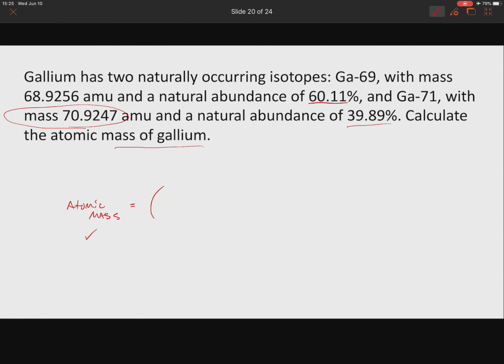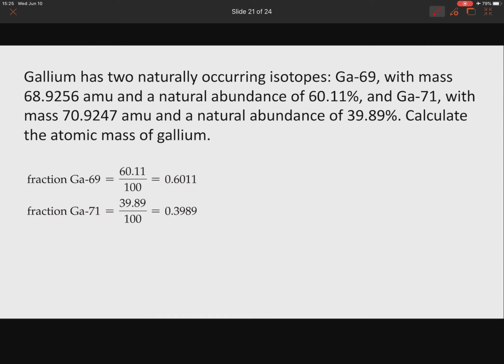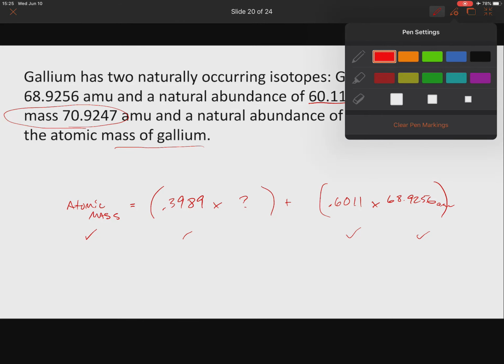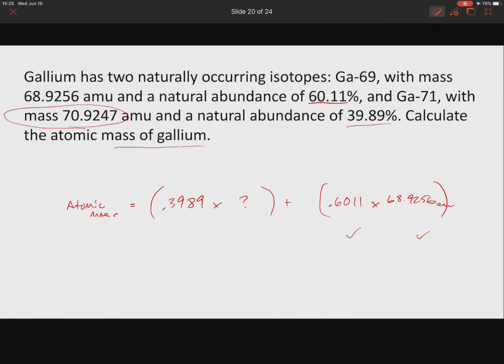You would have the percentages already, 0.3989 and 0.6011, and for 0.6011 the mass was 68.9256 AMUs, and then you just wouldn't know what this one was, and you'd have to do some algebra and you could figure it out. But that's not what this problem right here exactly is, and so let's just do this problem the way it's presented.